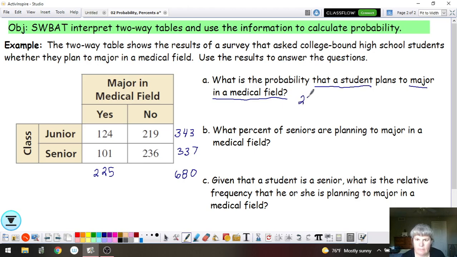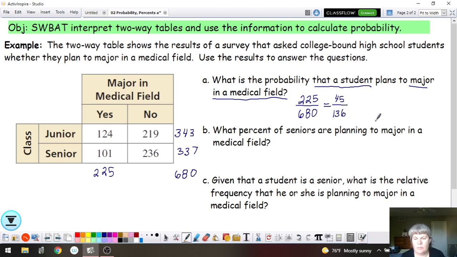So 225 divided by 680. They both end in 0, so I'm going to divide both of them by 5. That simplifies to 45 over 136.